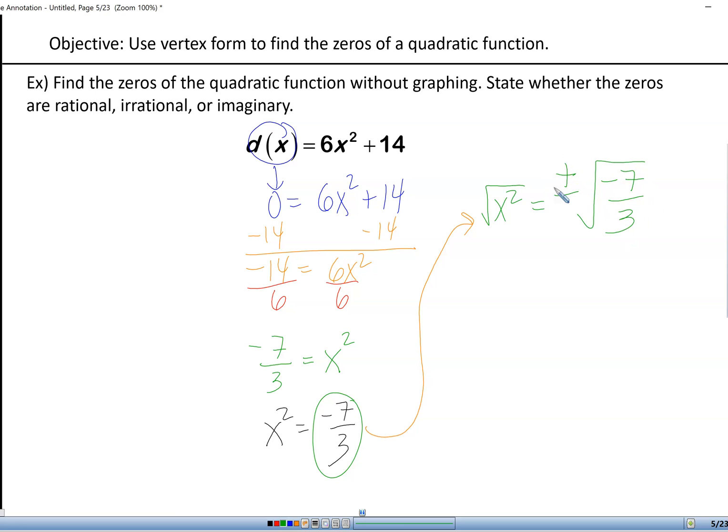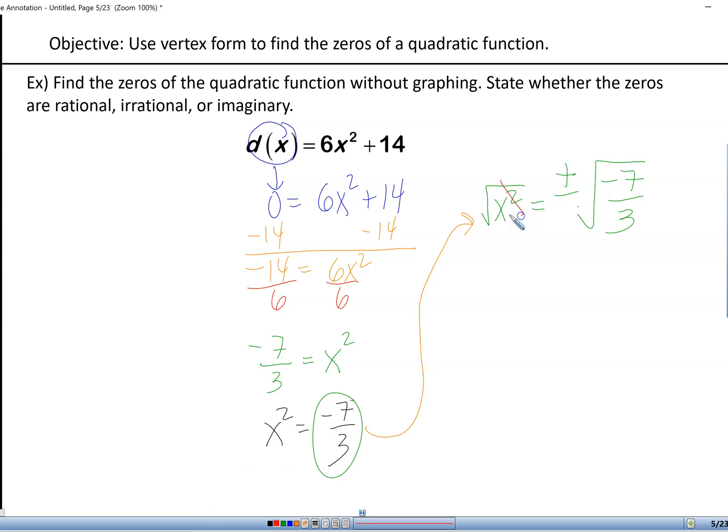I will see people who for some reason think that the negative on the 7/3 is the minus in the plus minus, and so this all of a sudden won't be a negative anymore, and that would be wrong, because the plus minus occurs when we take the square root. The 7/3 being negative, there's no square root yet, so you've got to have both. You've got to have the plus minus on the outside and the negative on the inside.